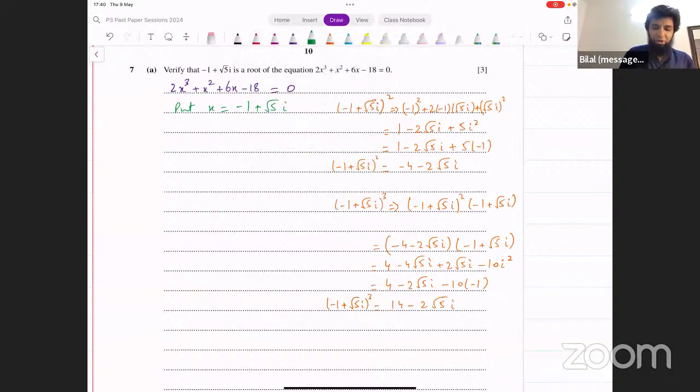When we input square and cube, this is going to become 2 into (-1 + √5 i) whole cube plus (-1 + √5 i) whole squared plus 6 into (-1 + √5 i) minus 18 equals 0. Now simplify everything. Instead of cube, you put the cube term.